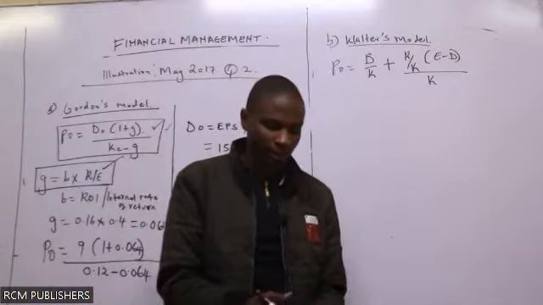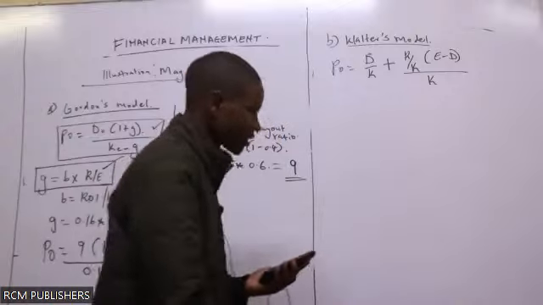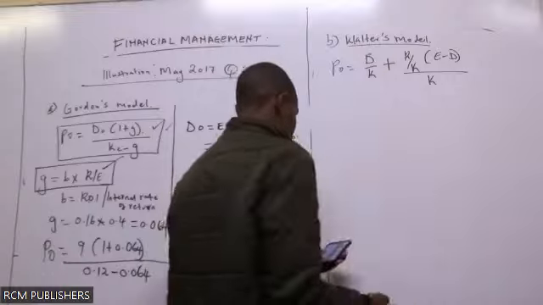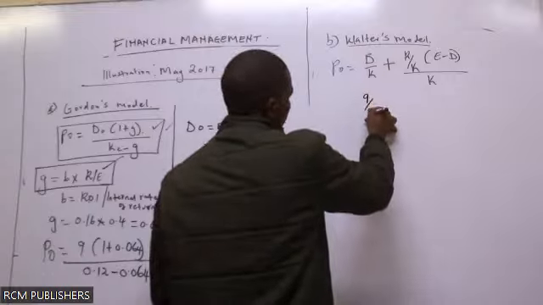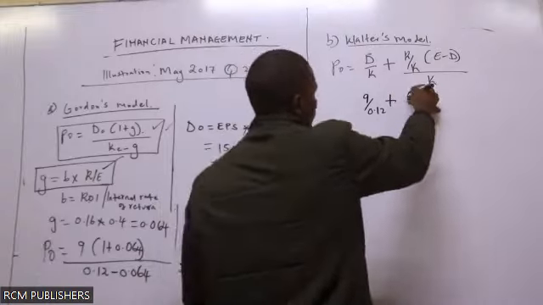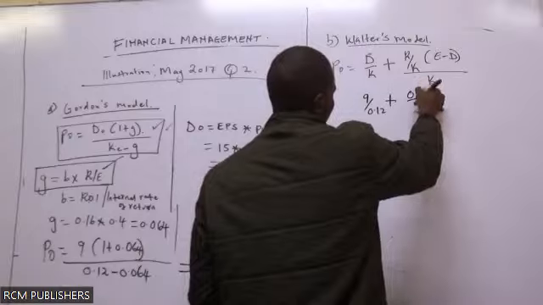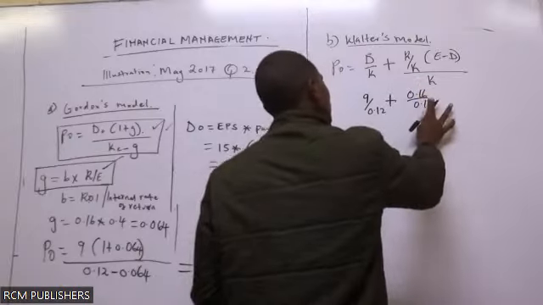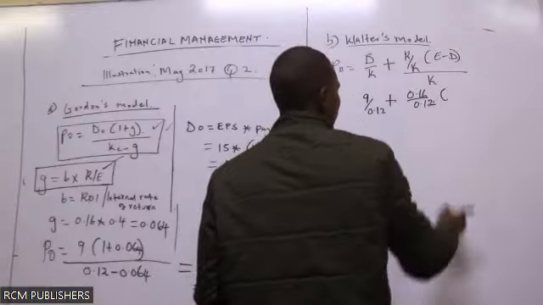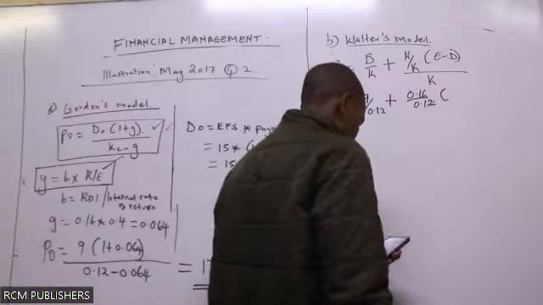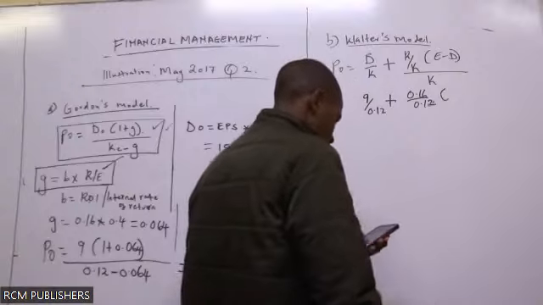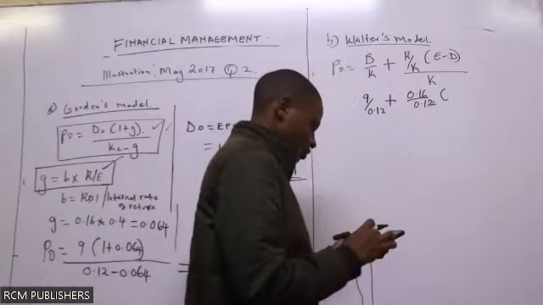So what do we get now? You just replace whatever you have there. D over K. What is our D? It is 9. Divide by 0.12, that is our K. Plus, what is R? 0.16 over K. What was this? Someone remind me, my E was how much?